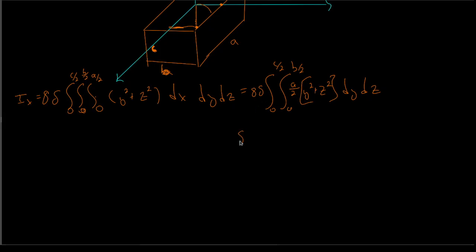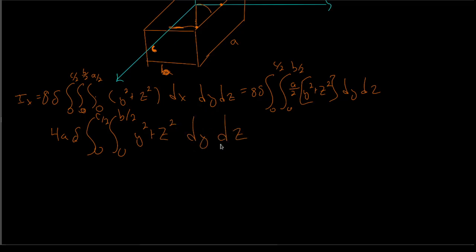So we'll bring that out. That'll be 4 a delta, 0 to c over 2, 0 to b over 2, y squared plus z squared, dy dz.